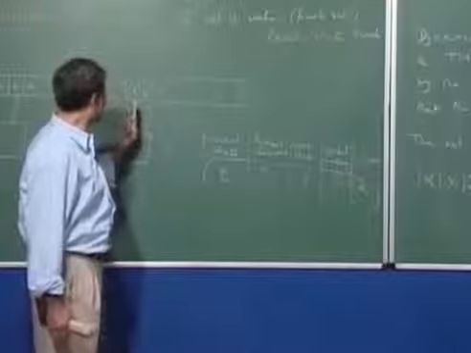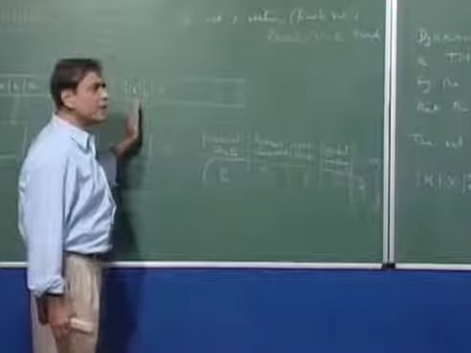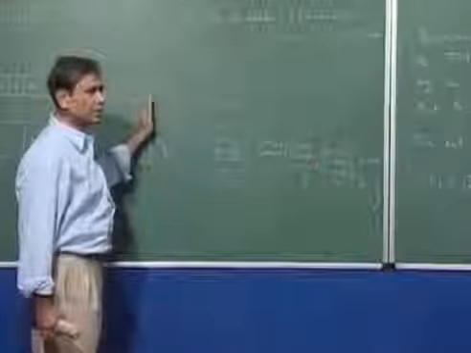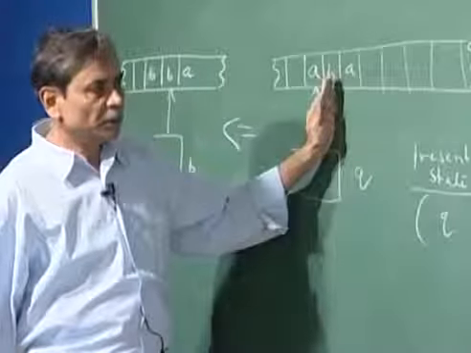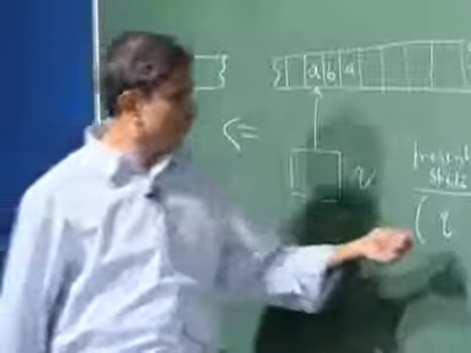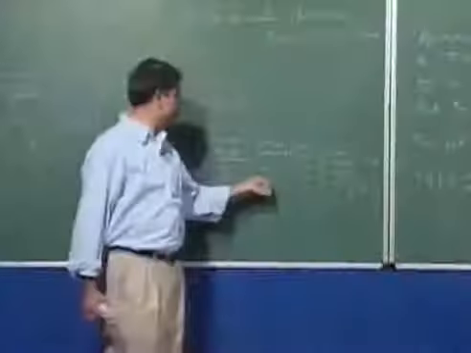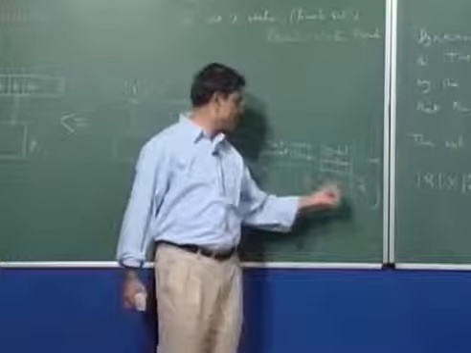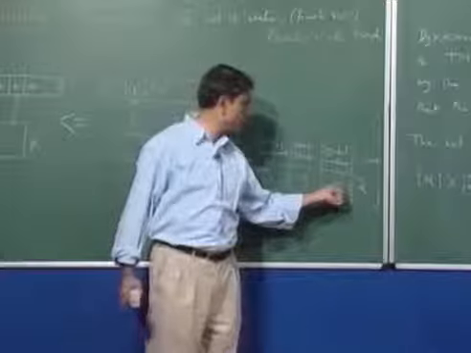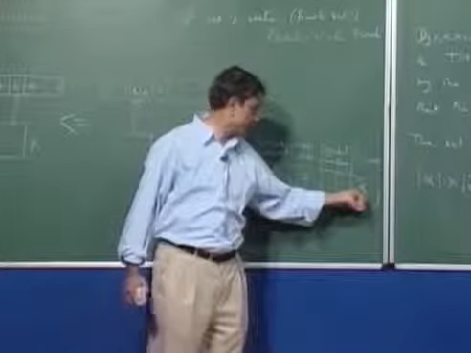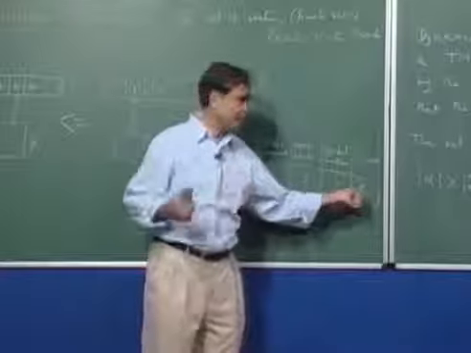Remember that Turing machine move is always by one square, either to the left or to the right. So, depending on present state, depending on the symbol being scanned, some next state is defined, some symbol what is to be overwritten is defined, and the direction of the move is defined, whether left or right.